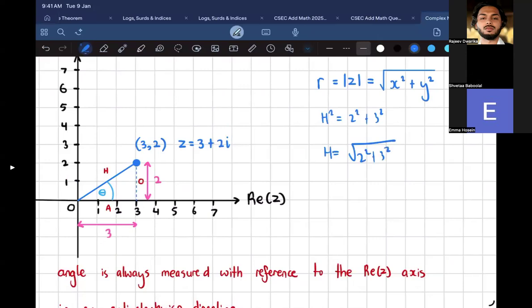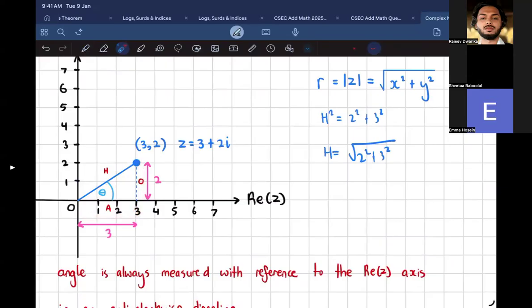So generally speaking, if you want to find the magnitude of a vector, all you would have to do is just use Pythagoras theorem. So if you want to find the distance from the origin to the point, you would just use Pythagoras theorem. The general formula for that is the square root of the x component squared plus the y component squared.